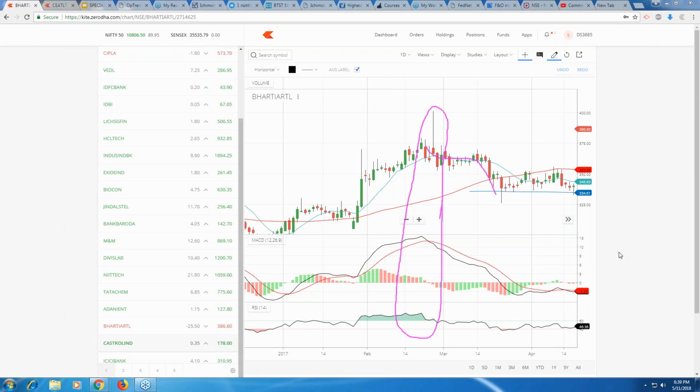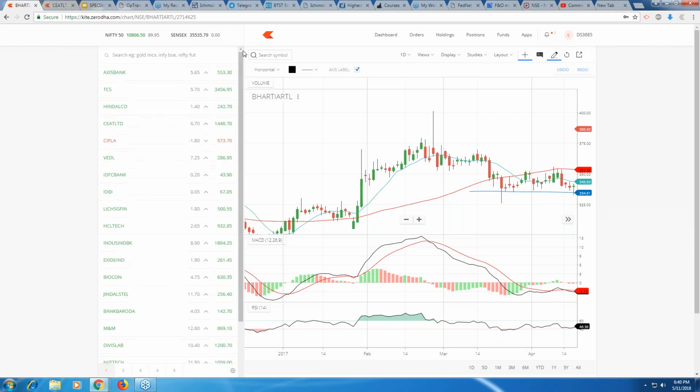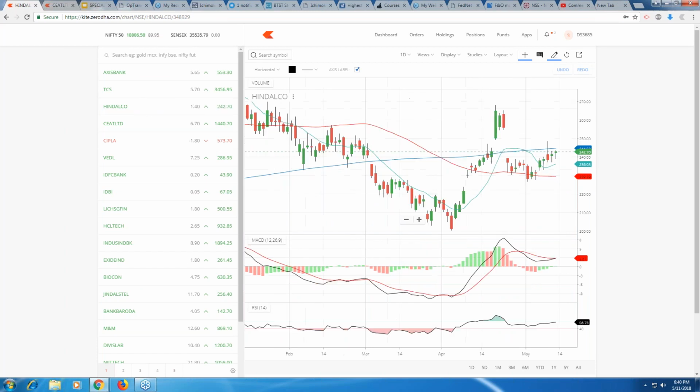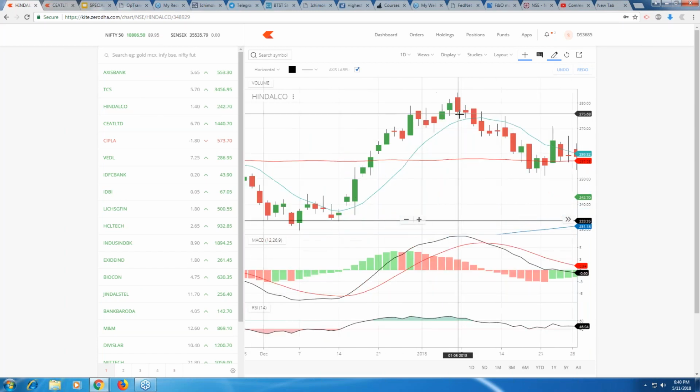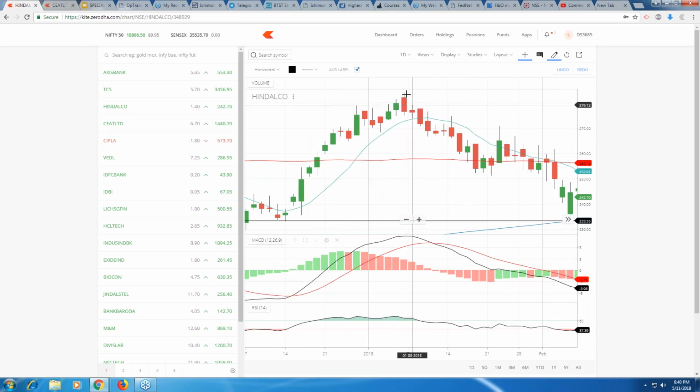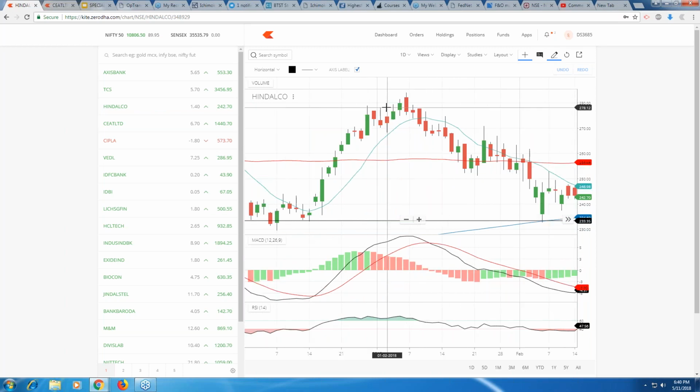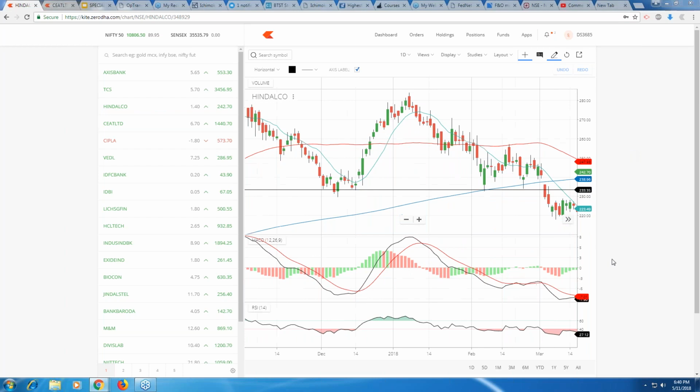I'll show you many other places and many other trades. One I remember is in Hindalco. Very beautiful trade, you will be able to see clearly. See here, this is a bearish engulfing pattern, MACD crossover, RSI crossover, and this gives you a beautiful trade from the top, right?